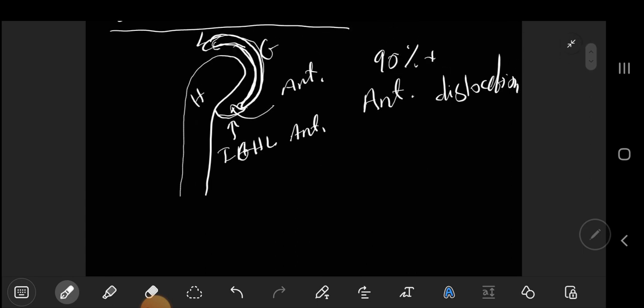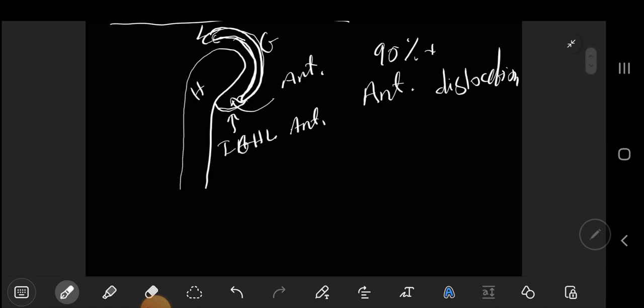Mostly, in what position will the hand be when the dislocation occurs? How should the person be, in which position is it most common to dislocate the shoulder? The answer is based on two positions.